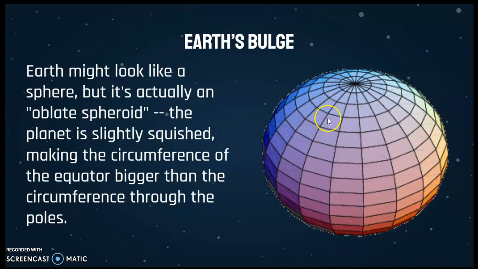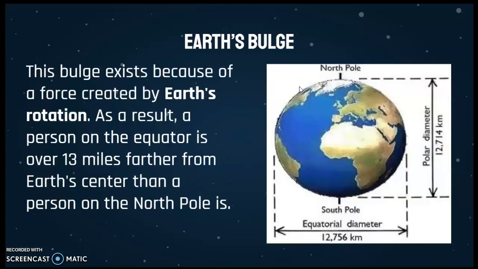It's actually an oblate spheroid. What that means is it's like a perfect sphere, but like someone took both ends and scrunched them in, so it's fatter around the middle. It's been kind of squashed. It doesn't have a perfect diameter all the way across. If you were to go north, south, east, west, it's not a perfect diameter.